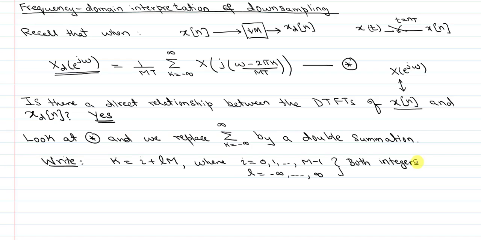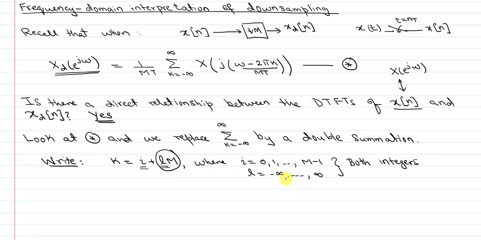So let's convince ourselves that the two are equivalent. As l goes from minus infinity to infinity, we are looking at multiples of M, and then within those multiples of M, we also add i from 0 to M minus 1 to cover all possible values of k between minus infinity and infinity.